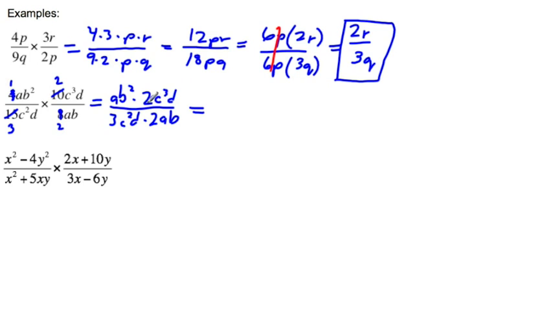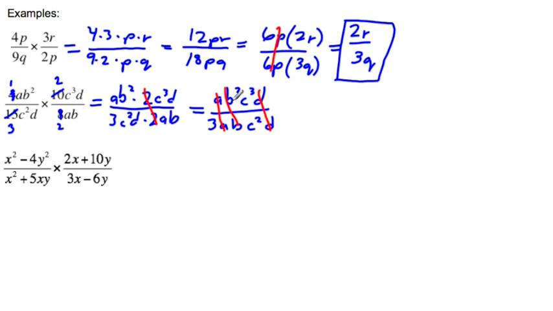Well, what I see again is that my 2's can cancel each other out. And so now what I'm left with is ab squared c to the third d over 3abc squared d. Now again, I can simplify further. I see that d and d cancel out, b and b cancel out, a and a cancel out.